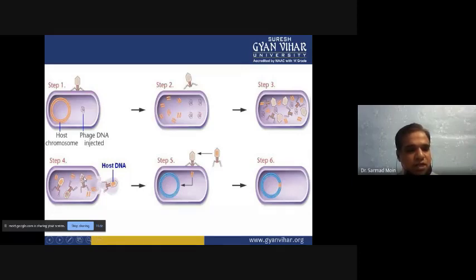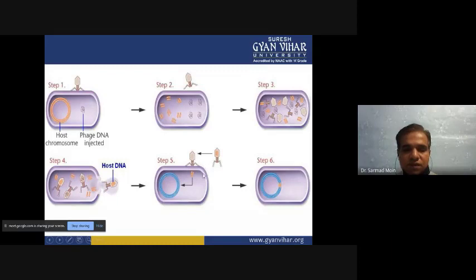So these new bacteriophage particles also have bacterial genome, and only a small portion, not many, because there is very little space inside the bacteriophage. So only a few genes can be transferred from one bacterium to another host cell.